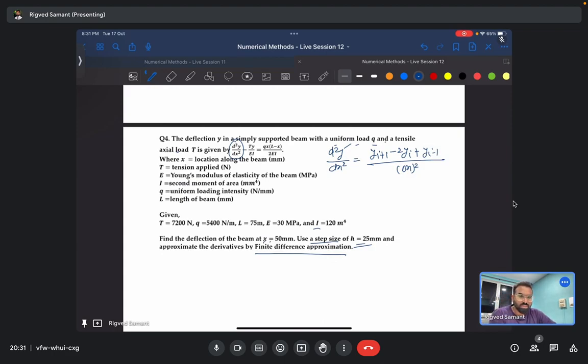Can you guys solve this? Can anybody give me a comment on how to go about this one? You can compare it with question number 1.